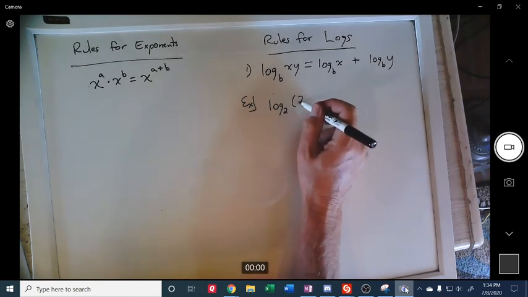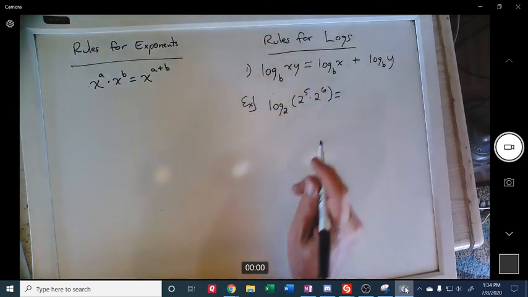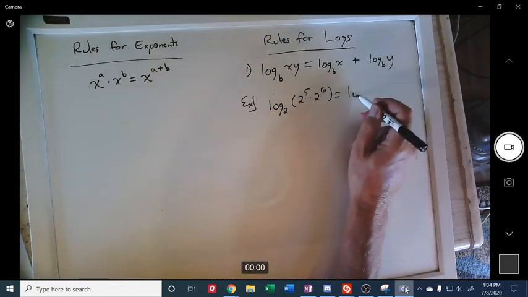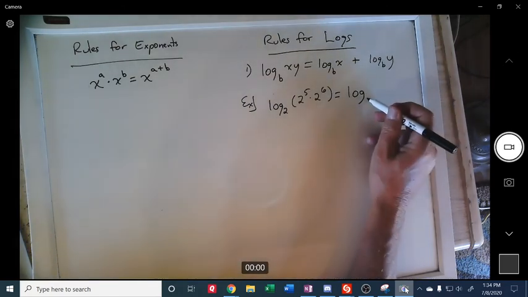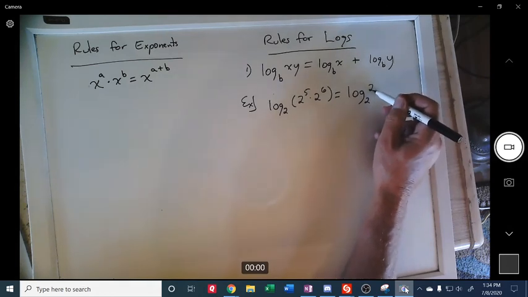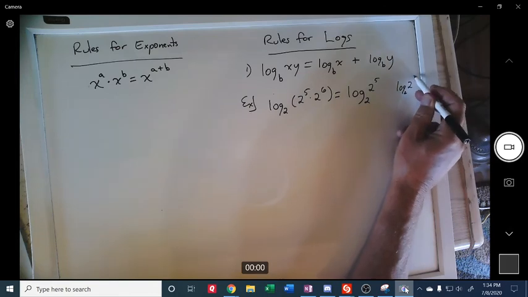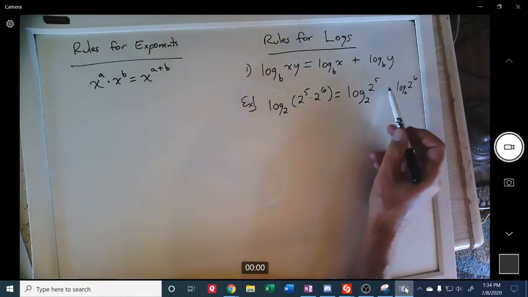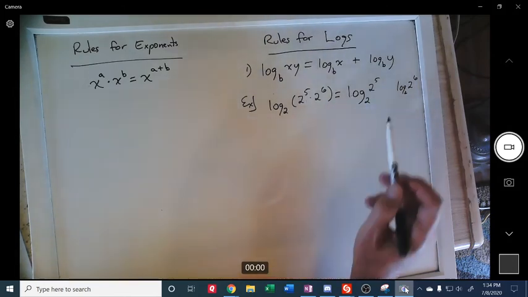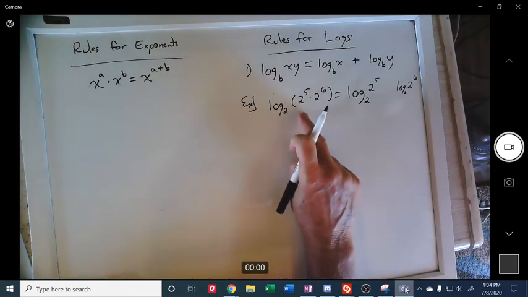Suppose I had 2 to the 5th times 2 to the 6th. And I wanted to rewrite this as 2 separate logarithms. This would be log base 2 of 2 to the 5th, and this would be log base 2 of 2 to the 6th. Now, do I keep this multiplication a multiplication, or do I have to change it to addition? Well, we can tell by coming back over here.